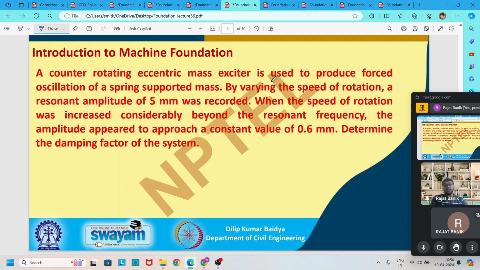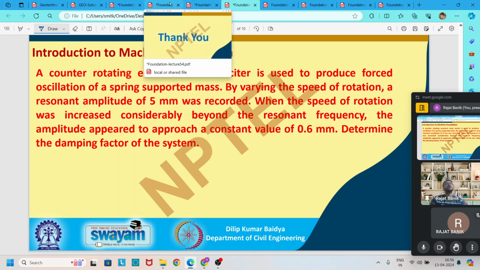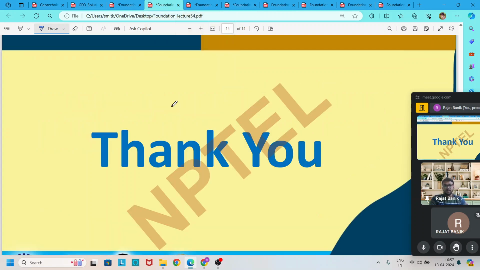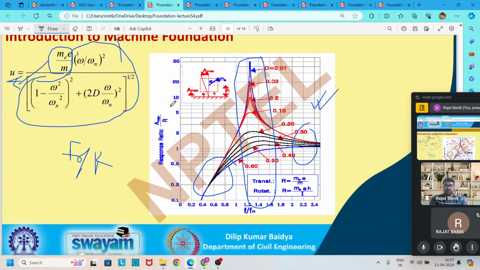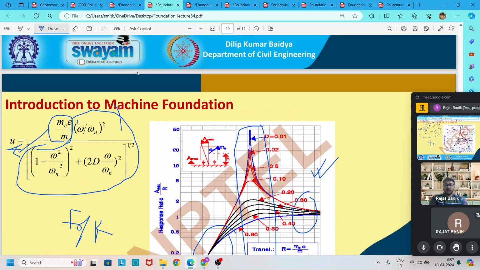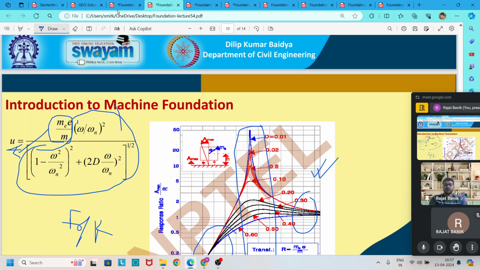For this we use the concept of forced damped vibration for a rotating mass system. If you remember, we discussed in the previous class, also in today's class, that in the rotating mass forced damped vibration system, the amplitude we find out is this.